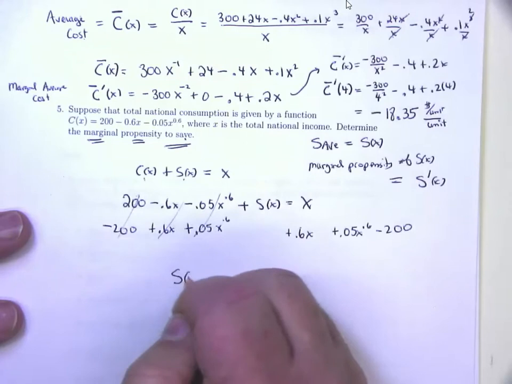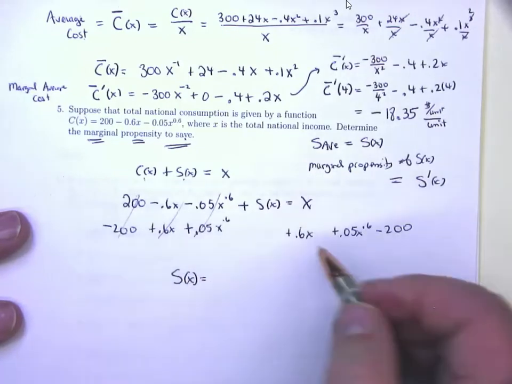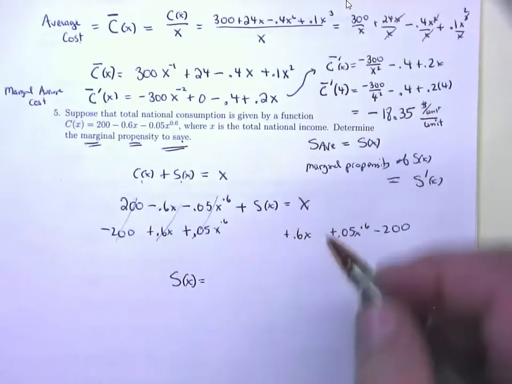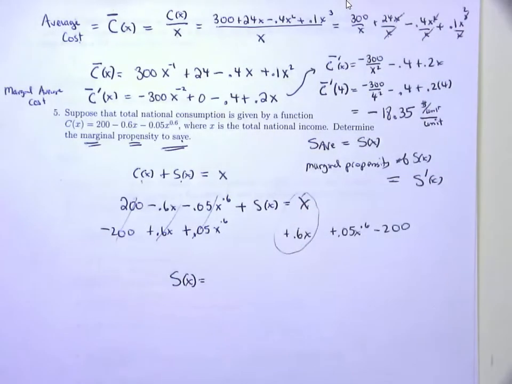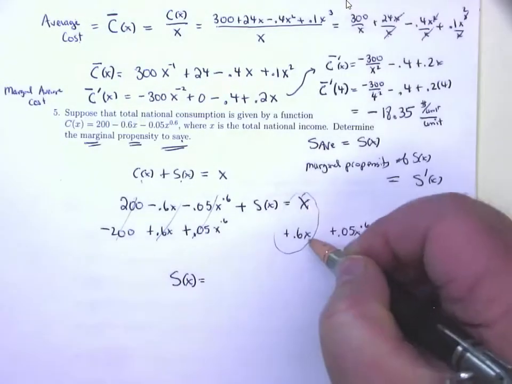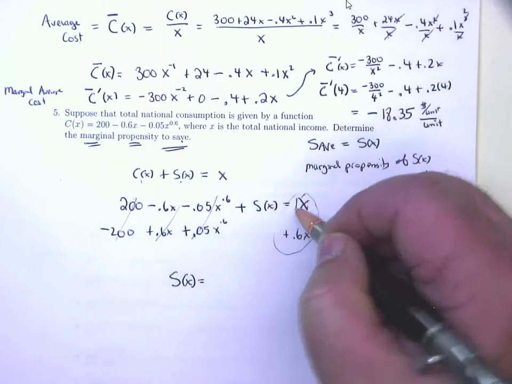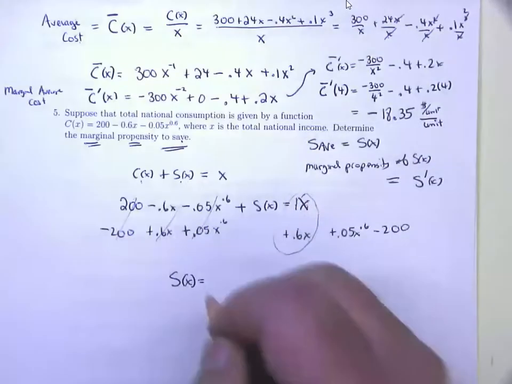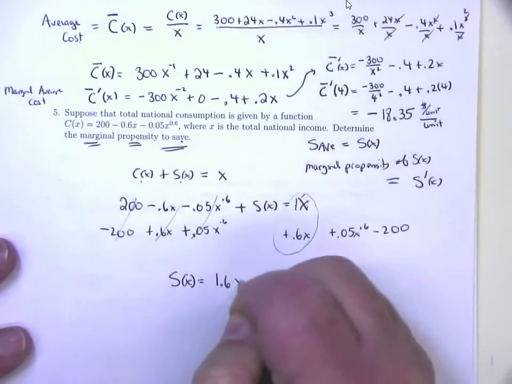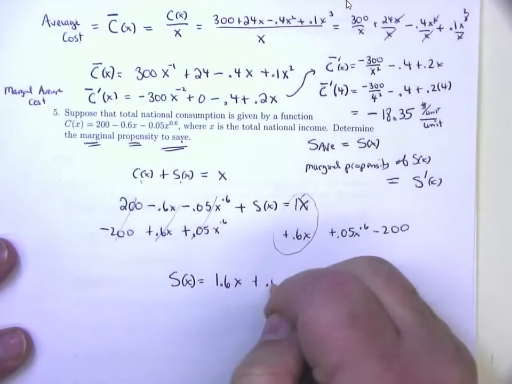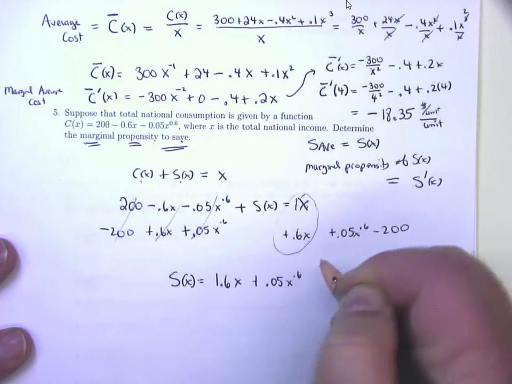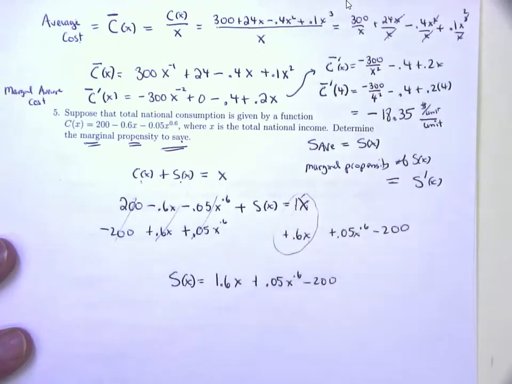That gives me S of x equaling, now we need to combine my terms. What is x plus 0.6x? They're both x's, so you just add their coefficients. This is understood to be 1. 1x plus 0.6x is how much? 1.6x. Plus the other parts, 0.05x to the 0.6 minus 200.